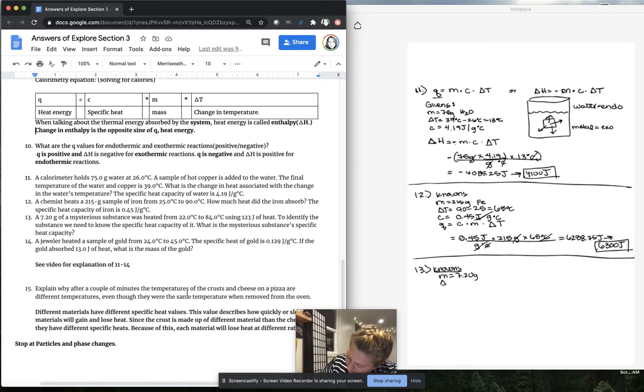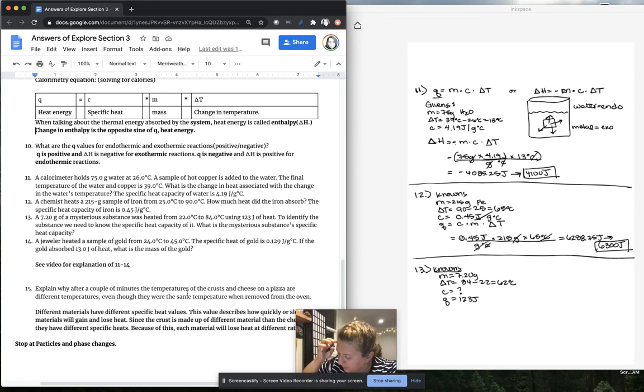We have a delta T equal to, we started off with 22 degrees and we ended up with 84. So 84 minus 22 gets me 62 degrees Celsius. My C value, I don't know what that is. That's what I'm trying to figure out. And we were told that the heat that was used in this problem was 123 joules, right?